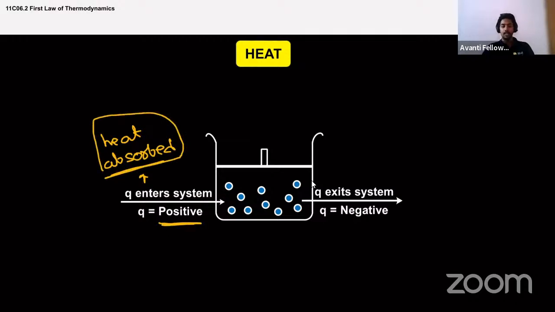If heat is going out of the system, that is, heat is emitted, we'll give it as negative. Q will be negative if heat is emitted. If heat is absorbed by the system, Q is positive. Don't forget this. If you are giving, you are losing, that is negative. If you are accepting, you are taking, that means it is positive. Okay.